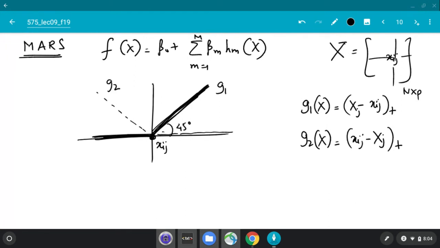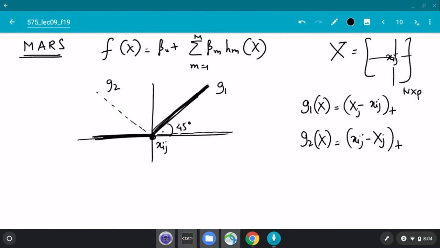And what are these functions trying to capture? You can also call them basis functions. They try to capture some regions of the space. These functions are going to eventually end up in the hm functions. The objective of hm is to approximate my conditional expectation of y given x, whatever the final target is, and hopefully it approximates that really well.